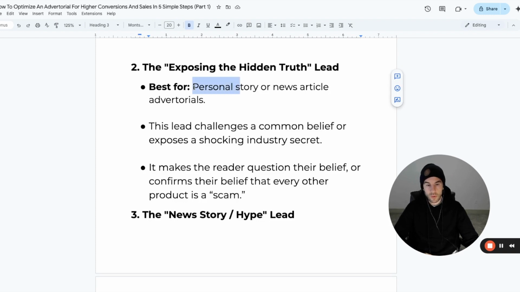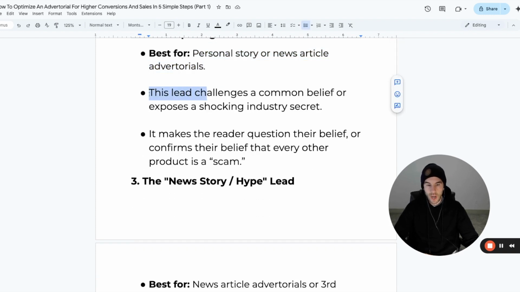The next one is exposing the hidden truth. This is best for personal story or news article advertorials. This lead challenges a common belief or exposes a shocking industry secret. It makes the reader question their belief or confirms their belief that every other product is a scam. So if they have a common belief around a specific product or a specific industry, you want to make them question that.